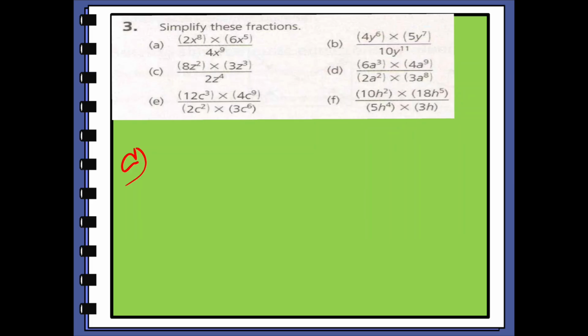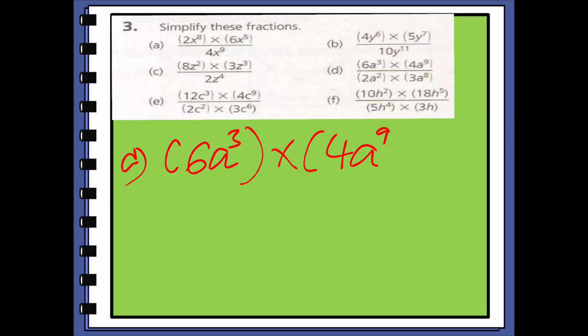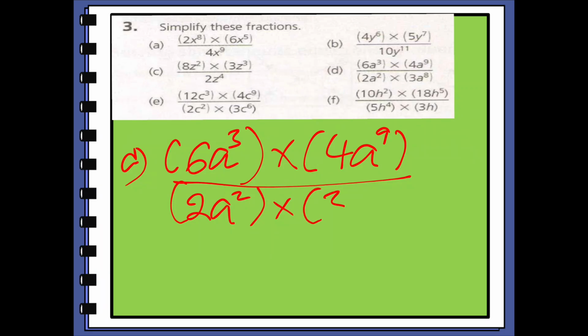So for D, we've got open bracket 6a cubed close bracket times 4a to the power 9, and over, we've got 2a squared in the brackets times 3a to the power 8.